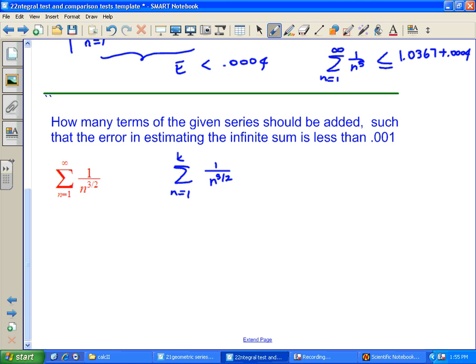But how do we find the error? We know the error should be less than, it actually says less than or equal to, so maybe I should adjust that. Okay, less than or equal to. What should I put here? Integral of what?